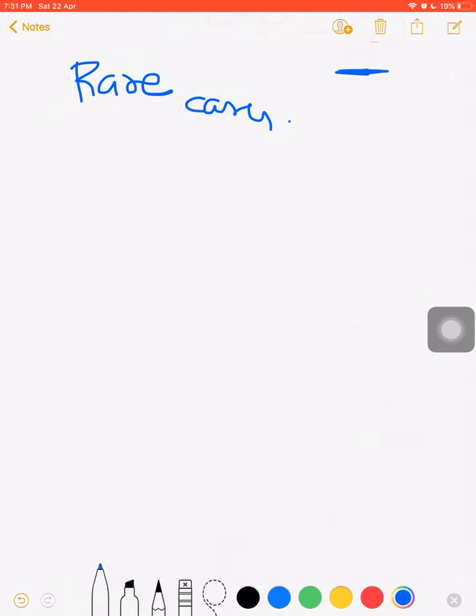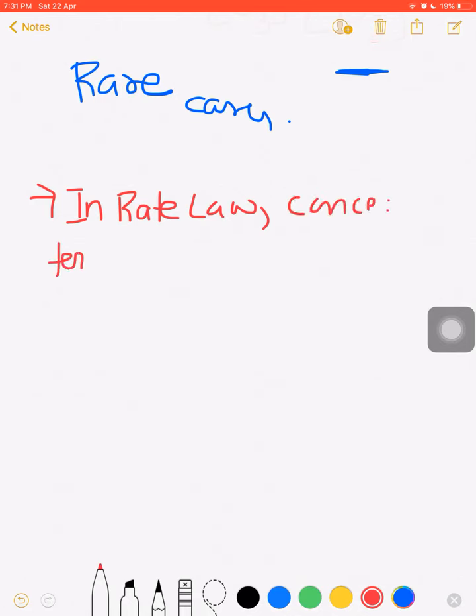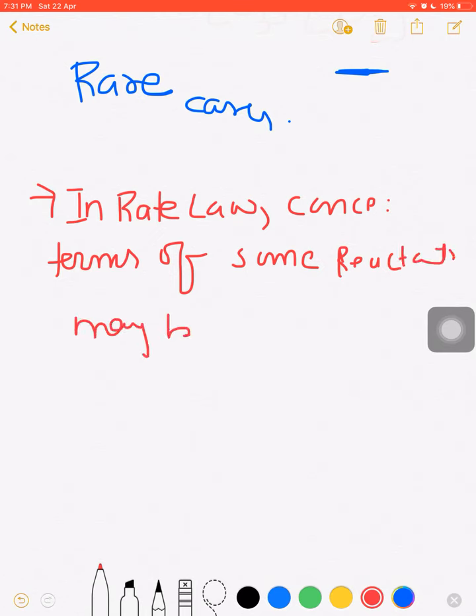Now the third point is, in rate law, concentration terms of some reactants may be absent.